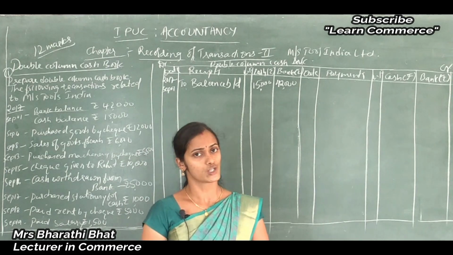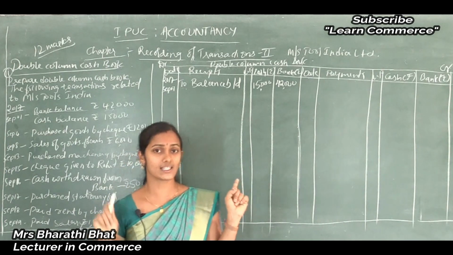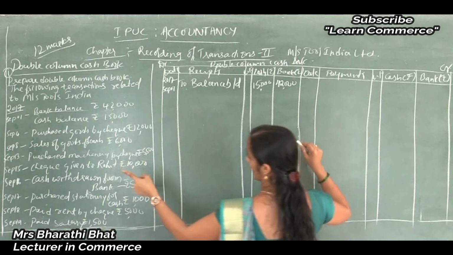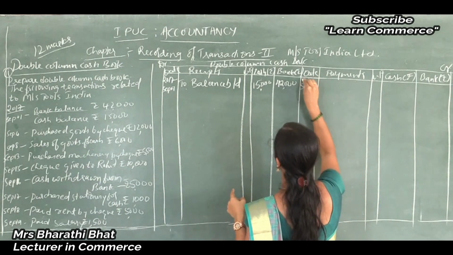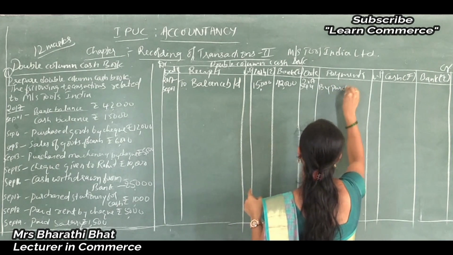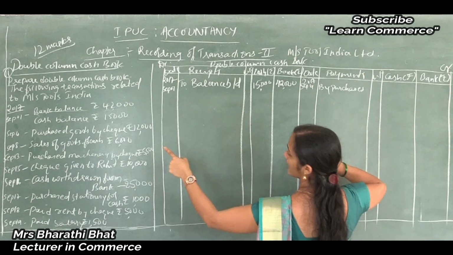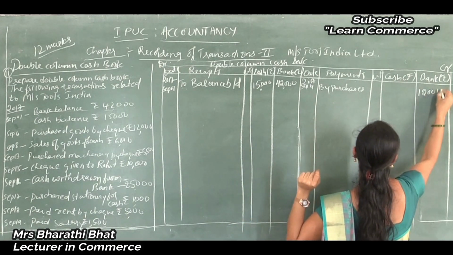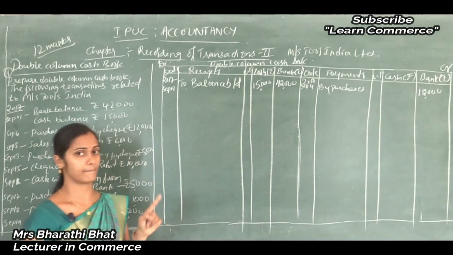Clear now? Okay, next one, September 4, purchased goods by check. Can we record this amount under the cash column? No, because that transaction affects the bank. So date September 4, 2017, by purchases, by check, 12,000 under the bank column, not under the cash column.